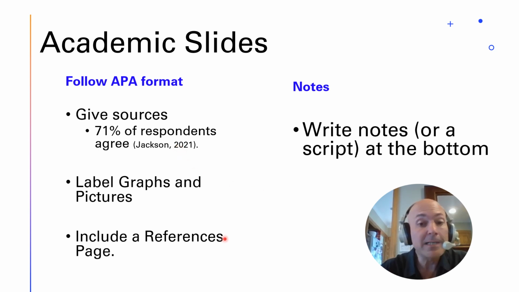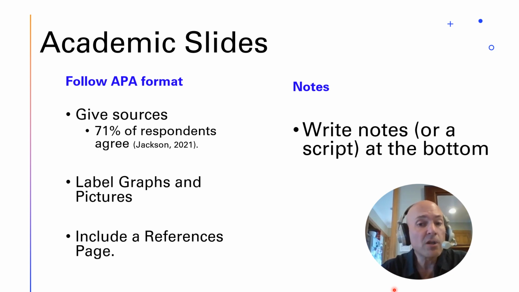And I'll show you an example of that at the end. Also, notes. While you are making your PowerPoint presentation, down at the bottom, somewhere around here, you'll see a little button and it says notes. If you press on that, you can write notes that you can use as a script or that you can use to prompt you later.